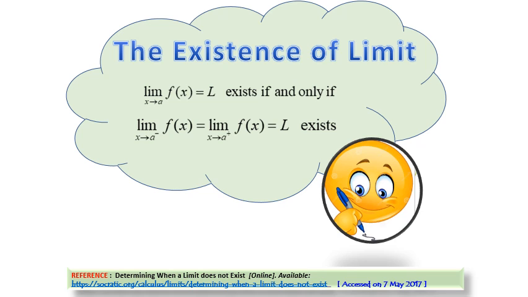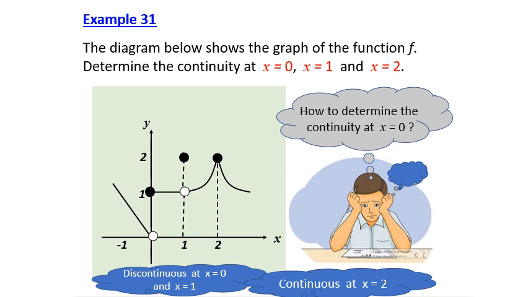And don't forget, as we already discussed before, if given a function, the limit exists only if the left and right hand limits are equal, right? So look at example 31 here. The graph shows the function, so determine.